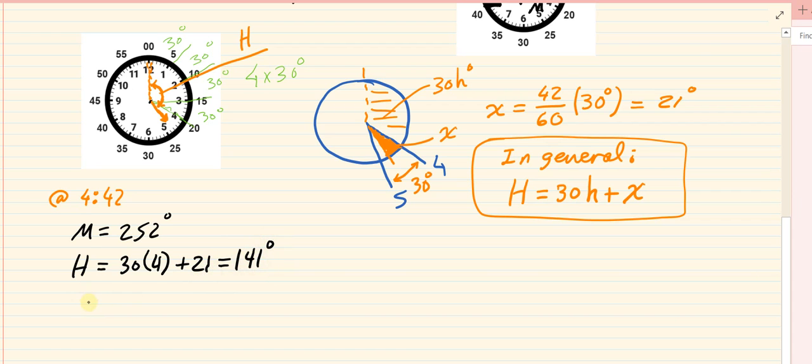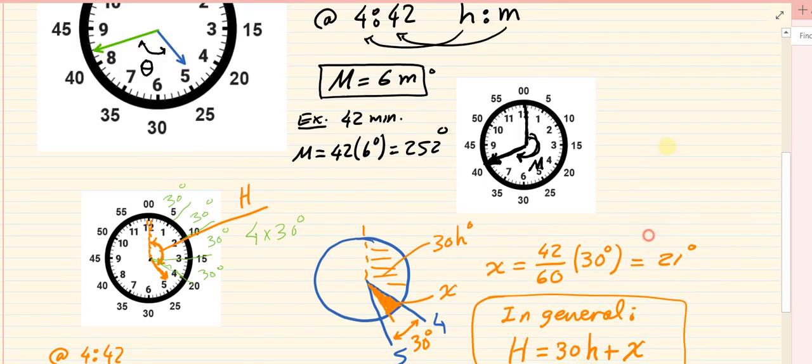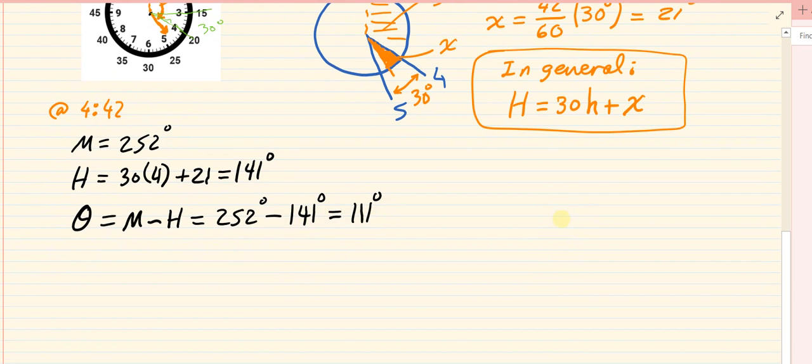Therefore, the angle theta, which is actually what we want to find, is the angle the clock hands make together. So theta is going to be the difference between M and H: 252 degrees minus 141 degrees, or 111 degrees. Now in my other video I derived this in a different fashion, but the answers match with what I had before. So there you go, that's the measure of the angle.